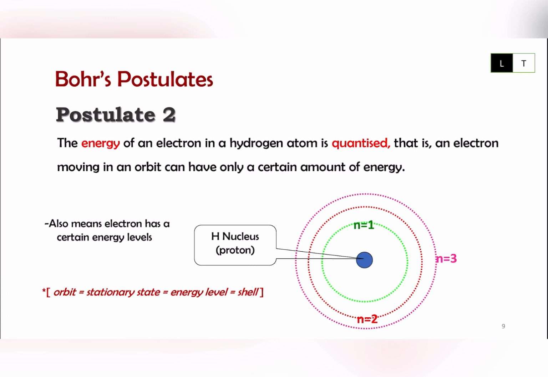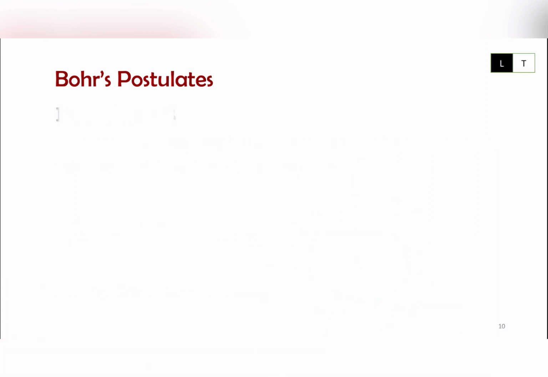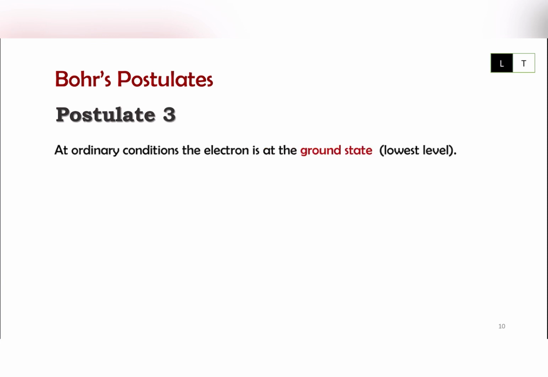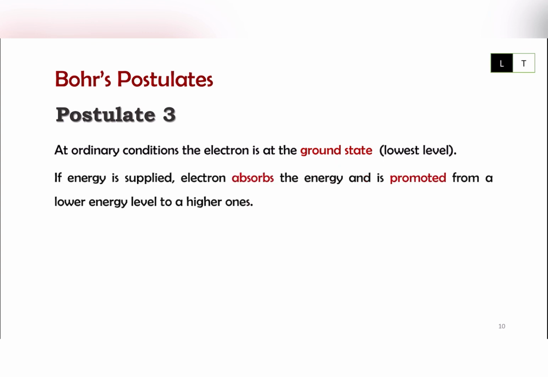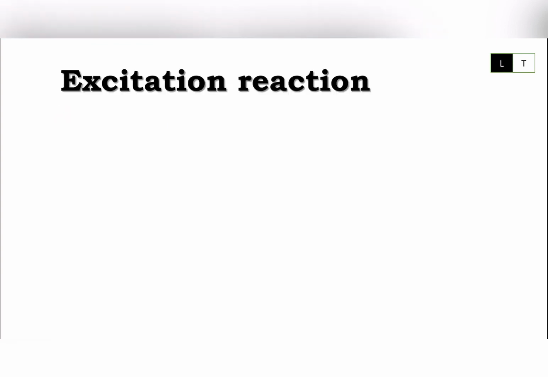Now, once you know that the energy of an electron in a hydrogen atom is quantized, we go to the third postulate. At ordinary conditions, the electron is at the ground state. This is the lowest level of energy. If energy is supplied, for example, the electron absorbs the energy, it is promoted from a lower energy level to a higher one. And this process is what we call excitation. So how does an excitation reaction happen?